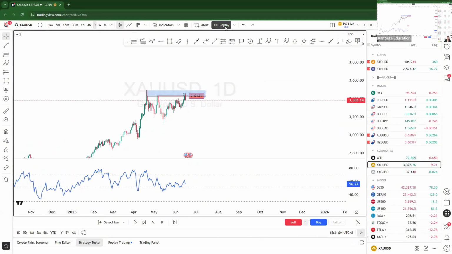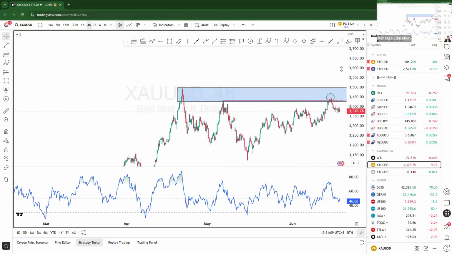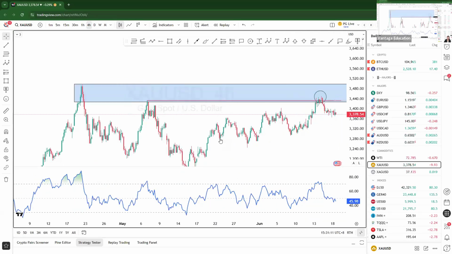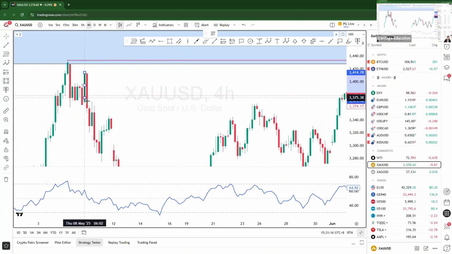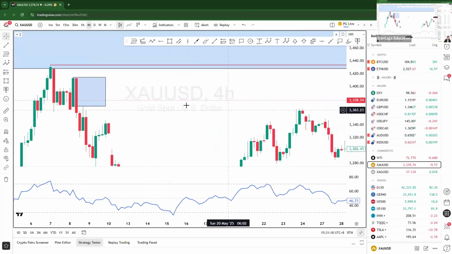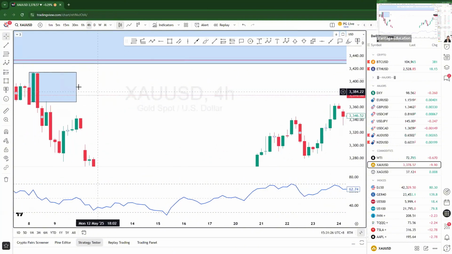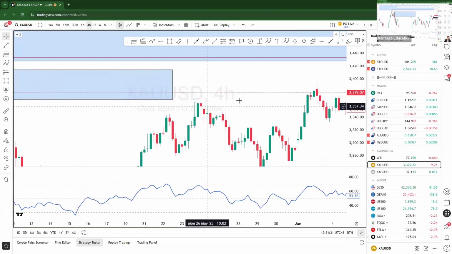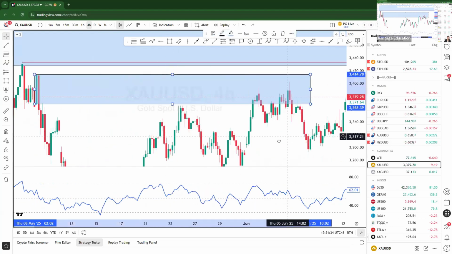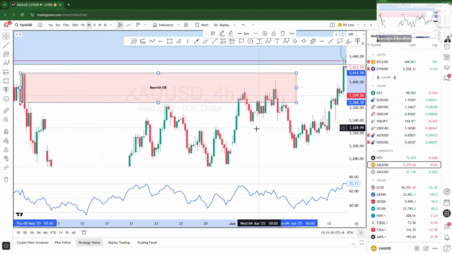Okay, for example, I see, okay, this is your supply zone, right? You can see that it ends with a bearish engulfing. Okay, and this is your supply. If you stretch it all the way to the left, this is the zone, and they would call this your bearish order block.